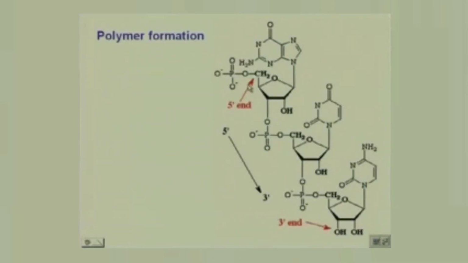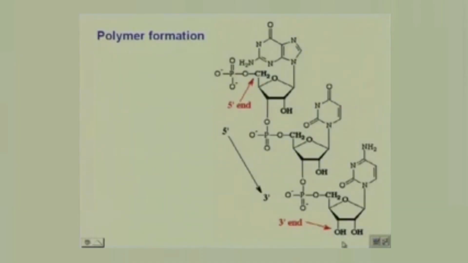Okay, so if we look at the linkages, I will show you the hydrogen bond formation in a minute, but we considered the polymer formation in our last class, and what did we find? We find that at this 3' end, what does the free OH do? It goes and attacks the alpha phosphate of the triphosphate, releasing the pyrophosphate and attaching the next nucleotide.